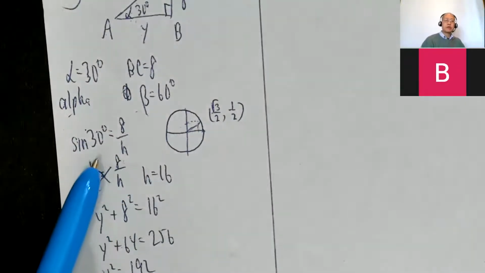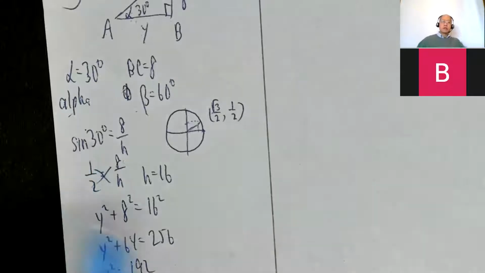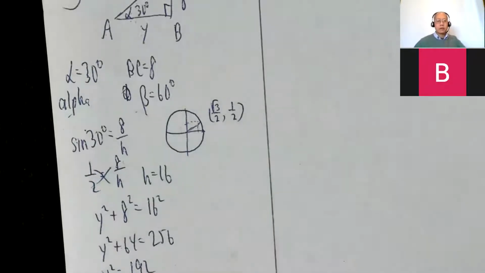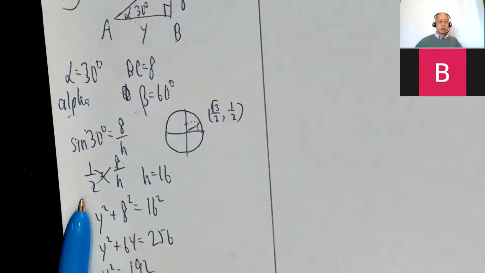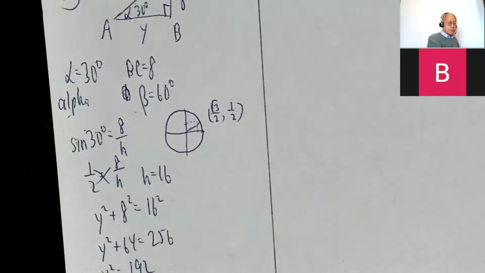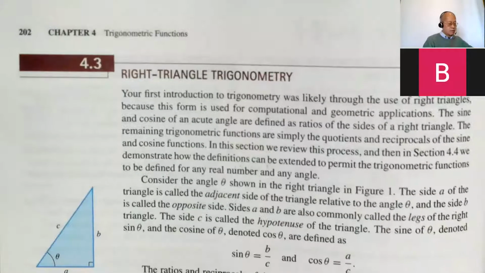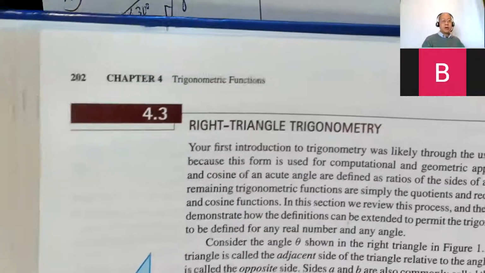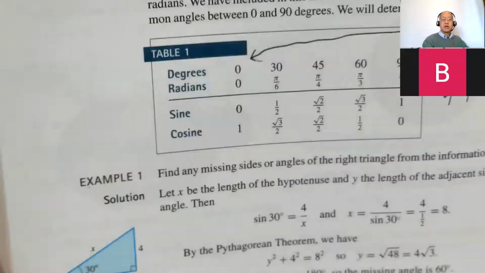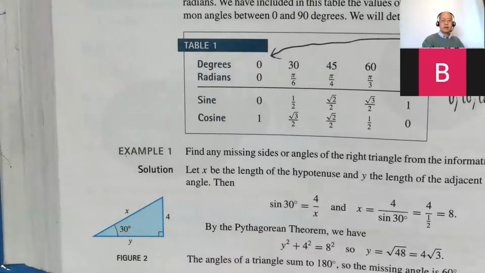There are various approaches you can take for this, but I already know that the sine of 30 degrees is a half. You had that over here somewhere. All right, page 202. Sine of 30 degrees is a half.